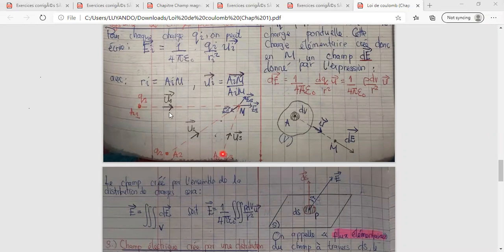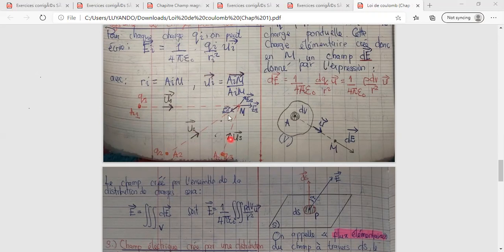We're trying to calculate the field from A to this point here, which is labeled as M. So the vector will move in that direction. We have Q1, Q2, and Q3, and we have U1, U2, and U3.